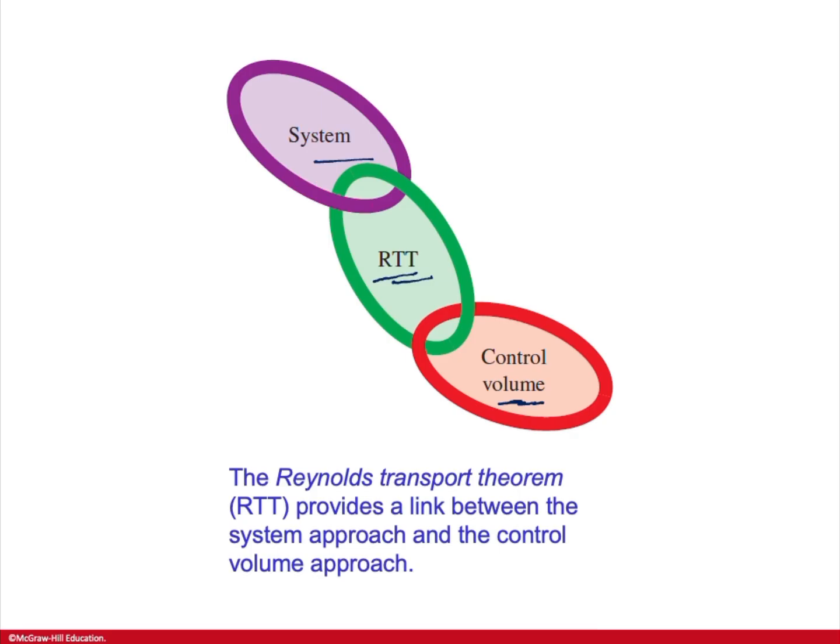And something you will see soon, part of the reason we are going to so much length to connect the system and control volume approach, or to connect the Lagrangian and Eulerian description, is because most of the conservation laws that you're familiar with, like mass conservation, momentum conservation, Newton's second law, energy conservation, are all described or written for a Lagrangian form of description or a system form of description.